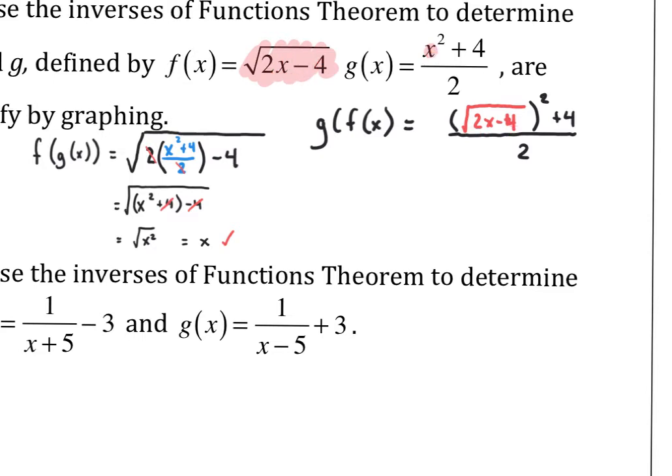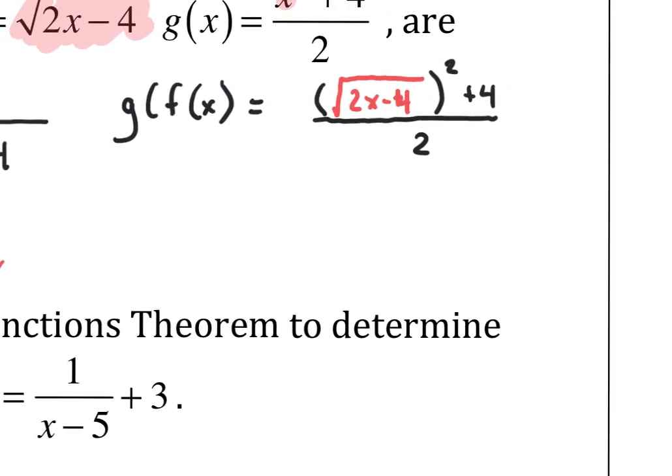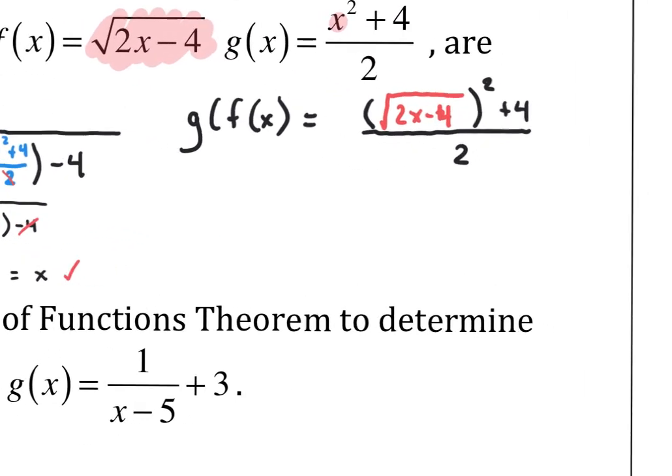Okay, so what do we do here? Let's see here. Notice that the square and the radical are inverses. So now we are left with just what is inside the radicand plus the 4, all divided by 2.